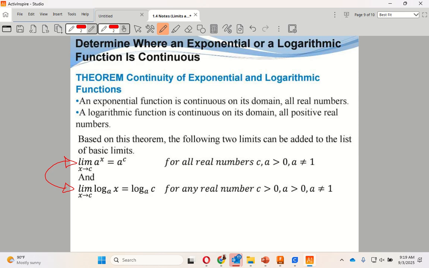A to the second power is just a squared, right? Okay, so now, think of a being 1. What is 1 to the second power? What is 1 to the fifth power? 1 to the ninth power? 1 to the negative second power? That's the reason why a cannot equal 1. I cannot have this raised to whatever number; it's always just going to give me 1. That's what this means.